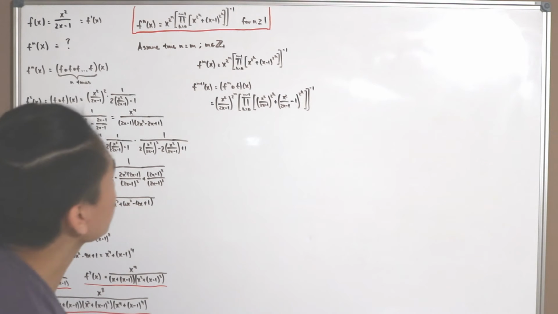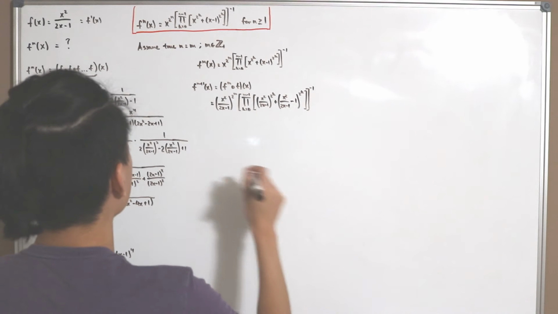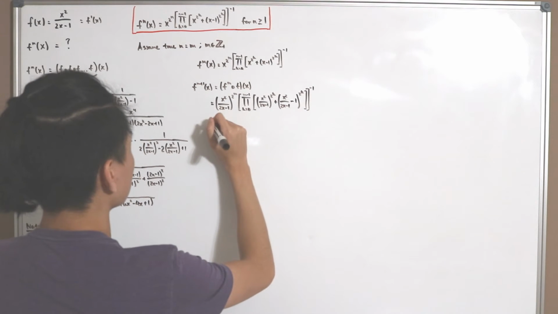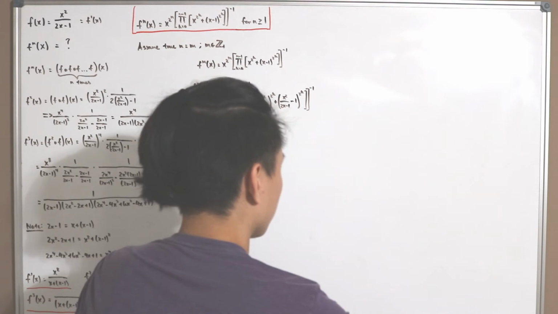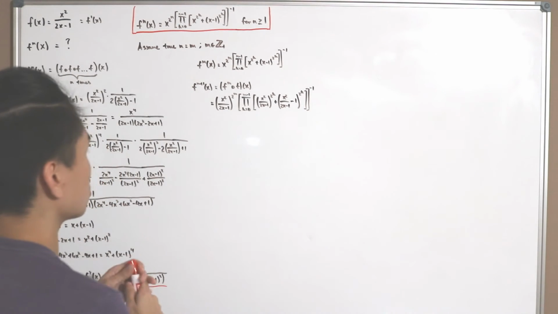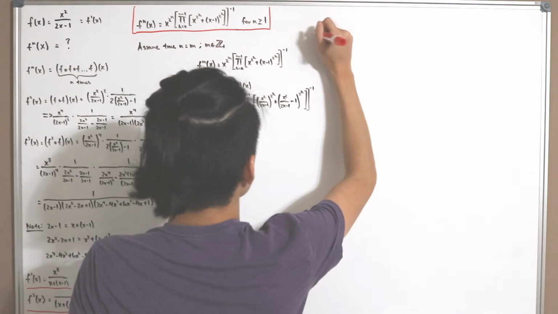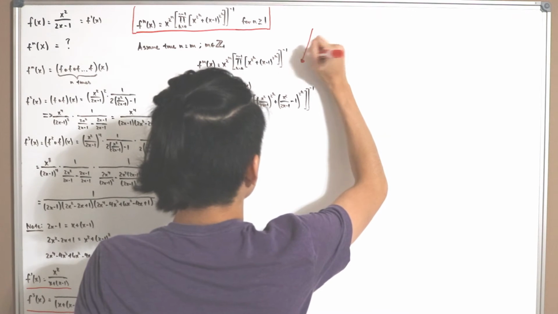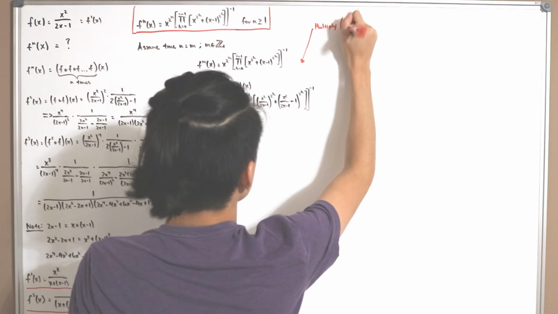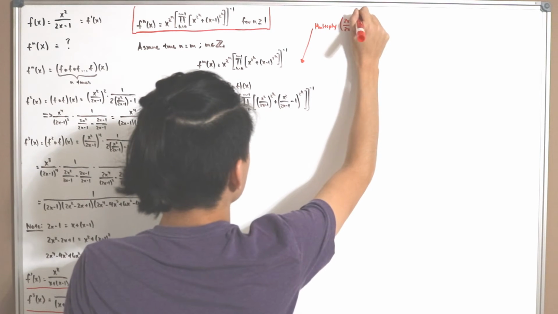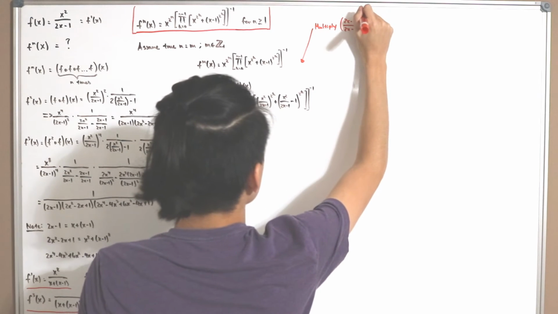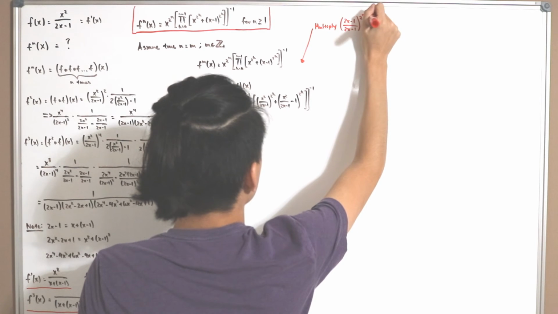Now, next what I want to do is multiply, so let me write this in red. This is actually going to preserve the equation. Over here, multiply 2x minus 1 divided by 2x minus 1, with the power of 2 to the m, and then minus 1.